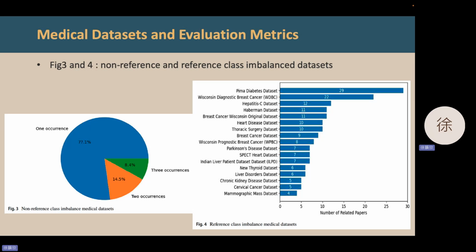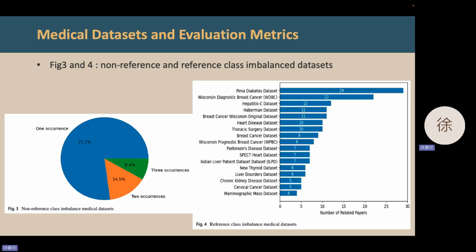The figure 4 is the reference class imbalanced medical datasets. The figure is similar to the figure 3, but it lists the reference datasets that were used more frequently by researchers when studying the problem of class imbalance in medical data. Again, you can see many dataset names such as breast cancer Wisconsin, heart disease, Pima Indians diabetes, and so on.